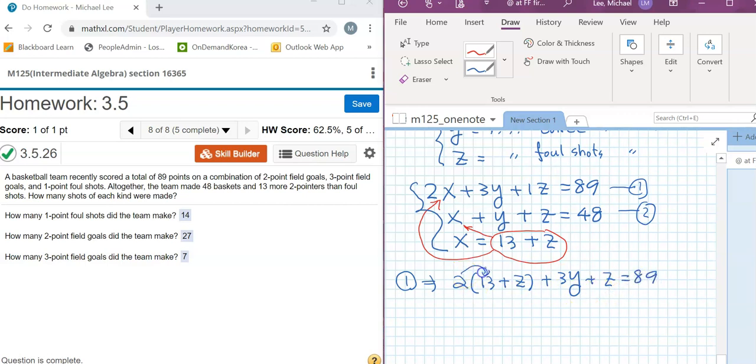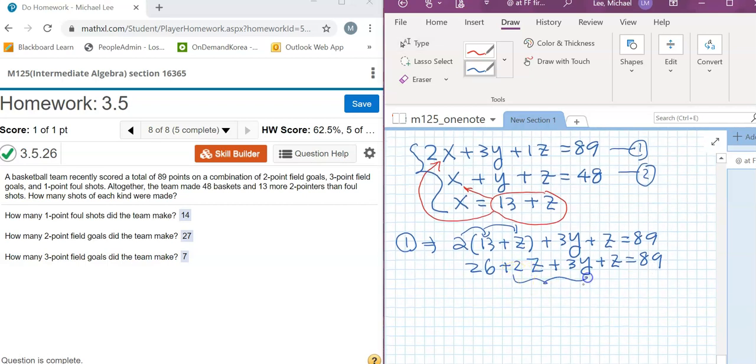If you distribute, 26 plus 2Z plus 3Y plus Z equals 89. Combining, 3Y plus 3Z equals 89 minus 26, which is 63.